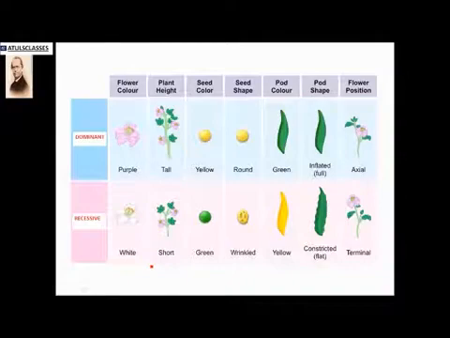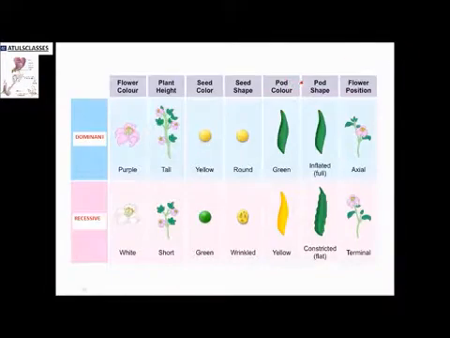He also used the pea plant because it was easy to grow, it showed several contrasting traits, and in a single season more than 2 generations of the pea plant can be obtained. So he used 7 contrasting traits for his experiments.